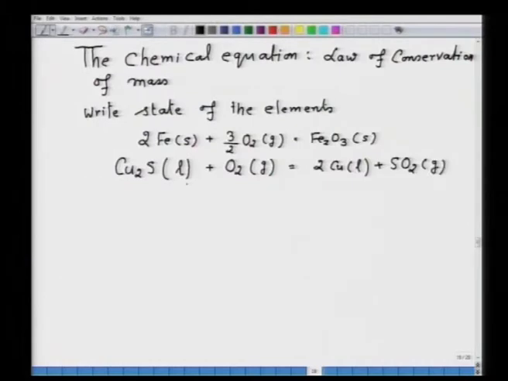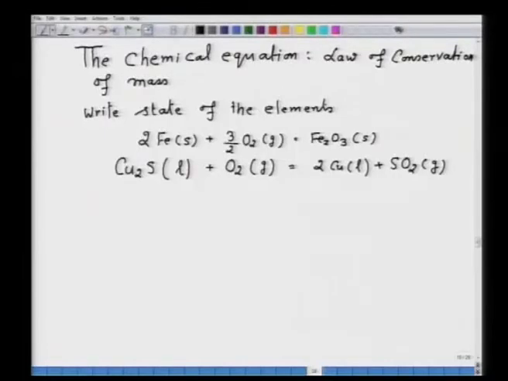Let us consider this balanced equation, the production of copper by oxidation of copper sulphide. We see that copper sulphide is in the liquid state, oxygen in the gaseous state, copper in the liquid state, and SO2 again in the gaseous state. Now, this is a balanced chemical equation.